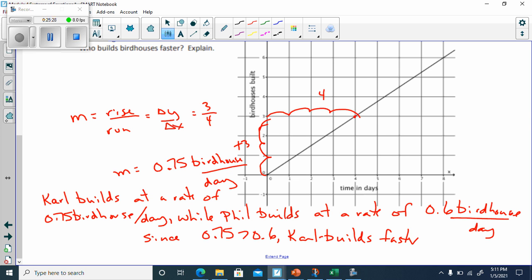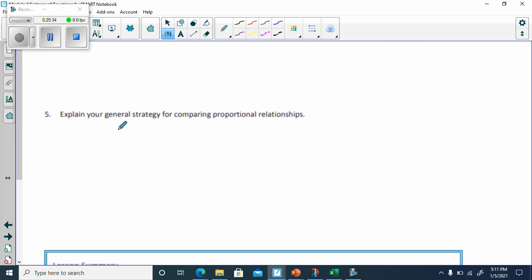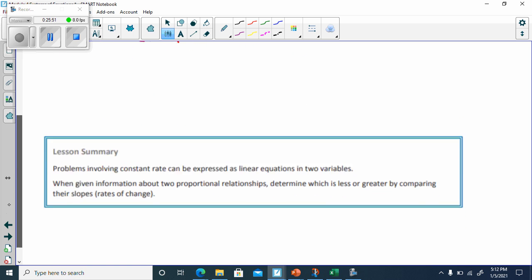Now, what are we actually comparing each time? Explain your general strategy for comparing proportional relationships. We compare the slopes, right? That will give you your rates, and you can compare your rates.